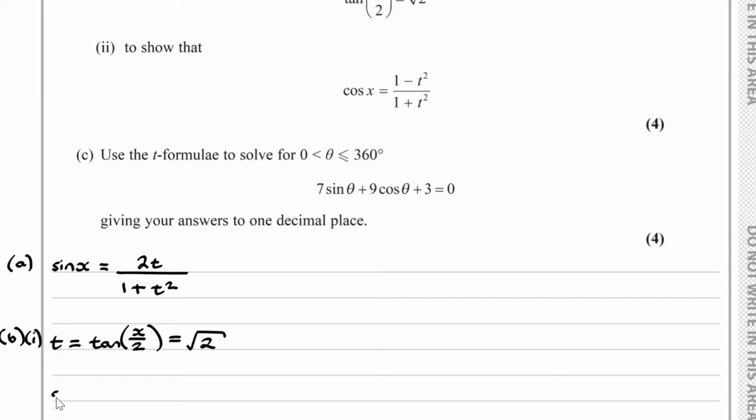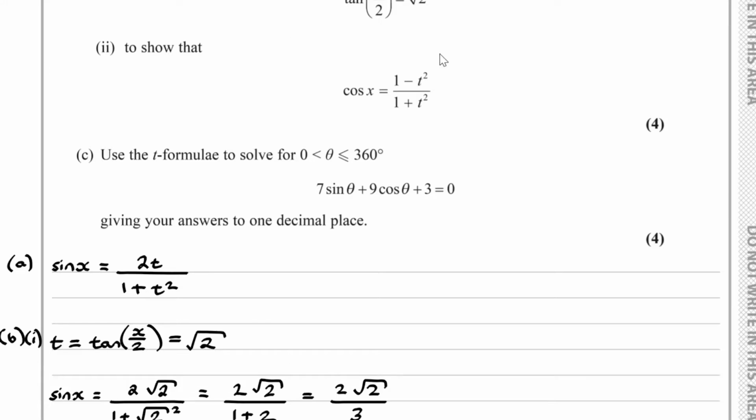So sin x is equal to 2t, so we have 2 root 2, over 1 plus t squared, so we have 1 plus root 2 squared, so 2 root 2 over 1 plus 2. It turns out we get 2 root 2 over 3.